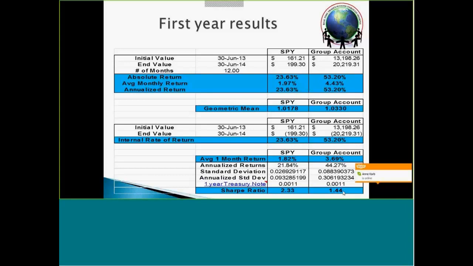Since I'm trading options on the SPY, SPY is my benchmark. I wouldn't use ACWI. If I was trading options on SPY, I would stick with the one-to-one comparison there. If you were so inclined, you could even say, well, I'm going to use SPY times 2 as my benchmark, but that just gets a little bit too complex for me. So I don't do that. All right.